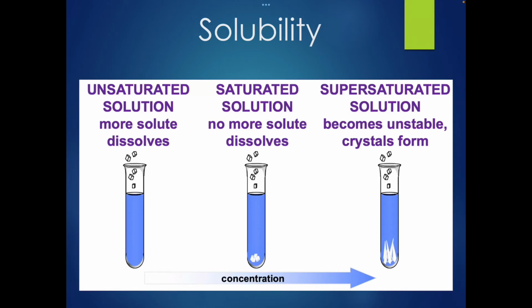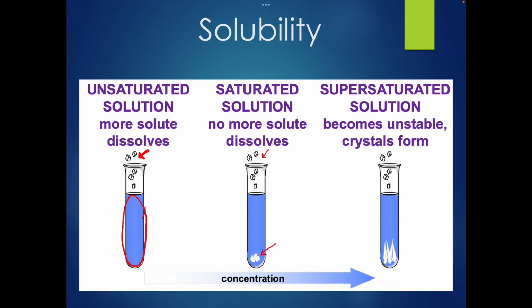So if we have something that is unsaturated, if you add some more solute, then it's going to dissolve, okay, because it hasn't reached its solubility limit. If you have a saturated solution and you try to add more solute, then it's not going to dissolve and it's just going to fall to the bottom and sit there, right?